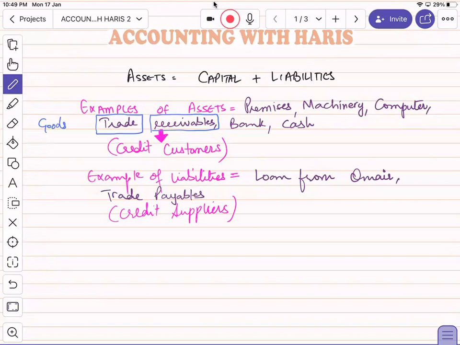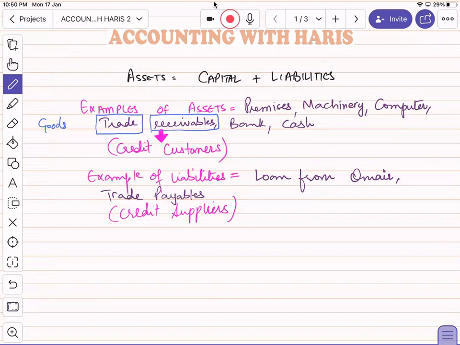So if we as a business have bought any goods on credit from anybody, then that person is referred to as a credit supplier. Let's say I operate my business and I buy goods from Alex on credit. I will promise Alex that I will pay him money in future, and that is why Alex is referred to as my trade payable, because I will pay him money in future.